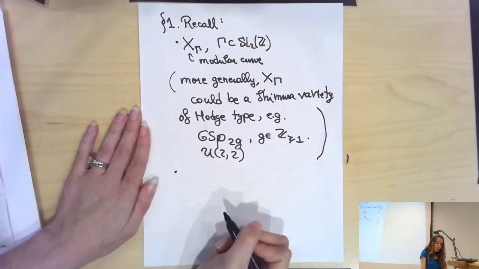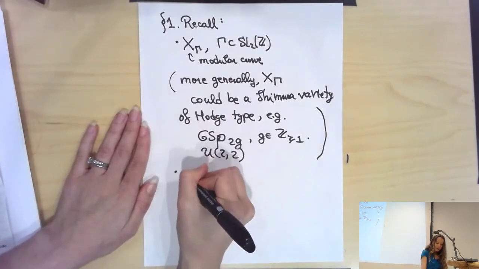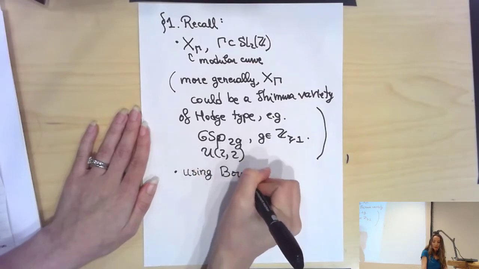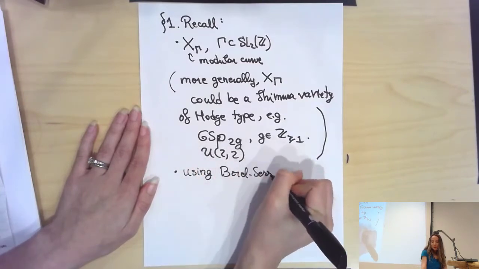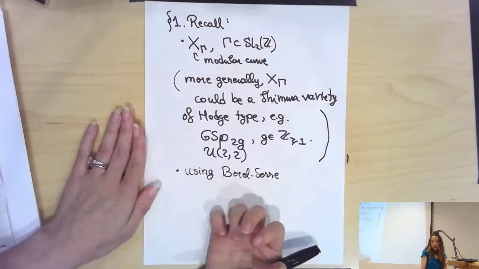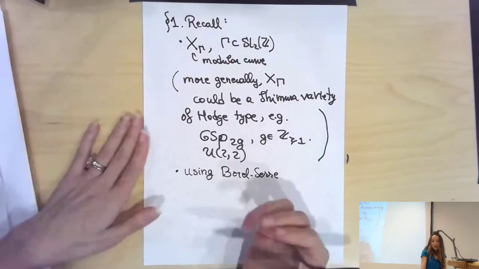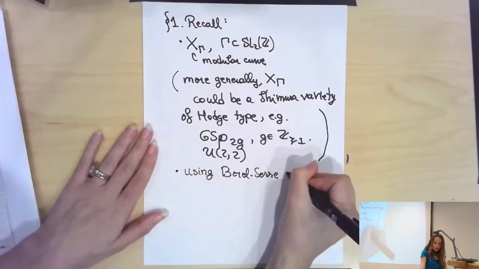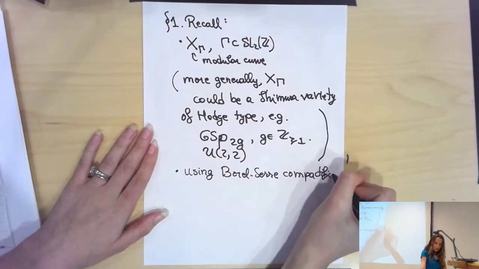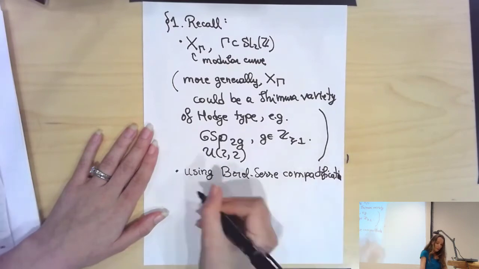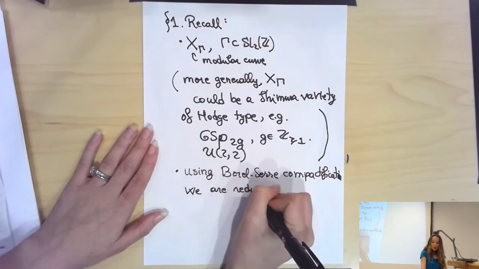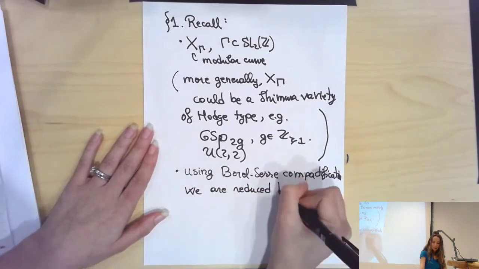And so where were we? We were at the point where we used this Borel-Serre compactification that was just a compactification of X gamma as a real manifold, and it was compactified into a real manifold with corners. And we were reduced to understanding, so the whole thing is really based on congruences.